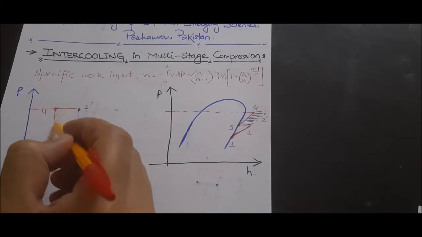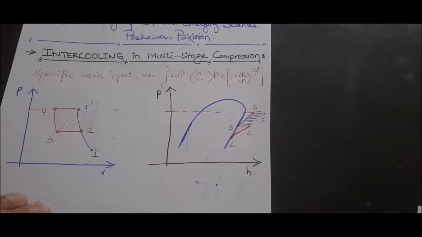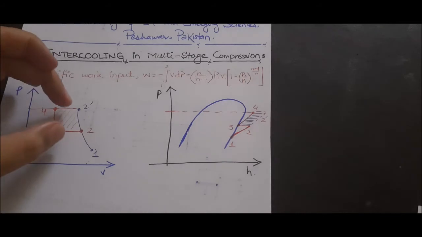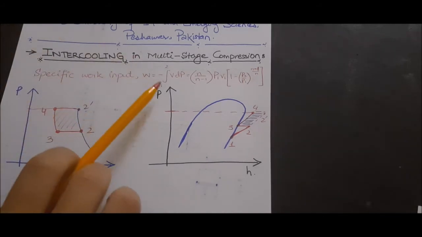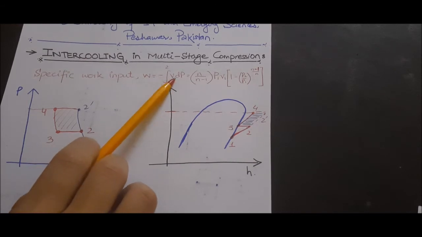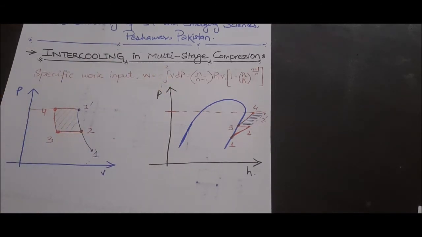So this amount of work, as you can see, has been saved because this volume compression has not taken place, and we have already mentioned that it depends upon the volume. If the volume which has to be compressed is lower, the work input will be reduced. So that is how the intercooling in multi-stage compression takes place.